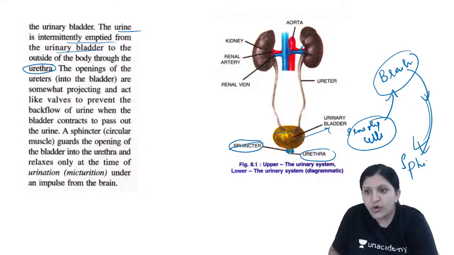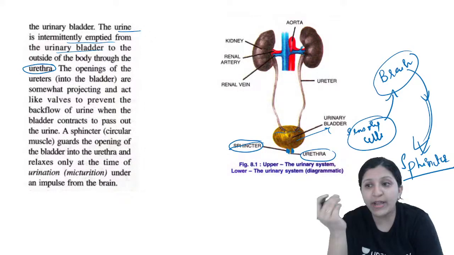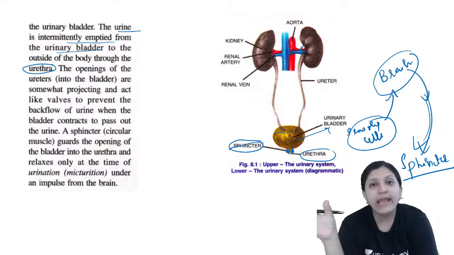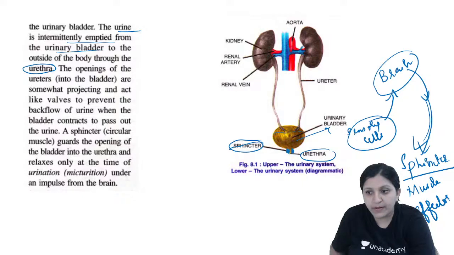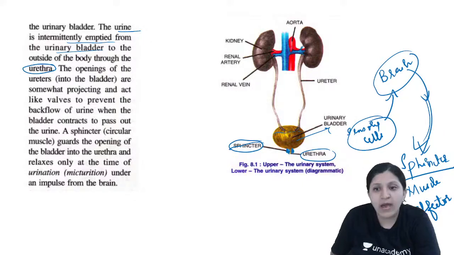The motor neuron carries this information to the muscle. The sphincter is the muscle, which we call the effector here. This sphincter muscle is going to open up, and when it opens, you will be emptying the urine through the urethra.